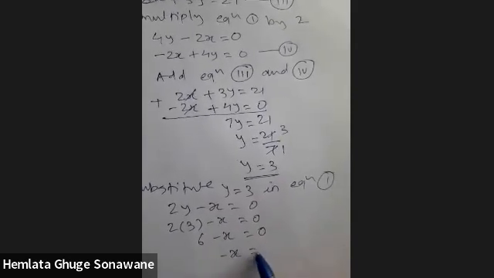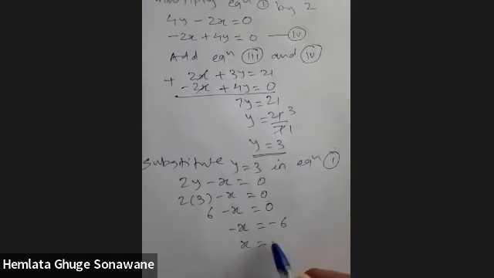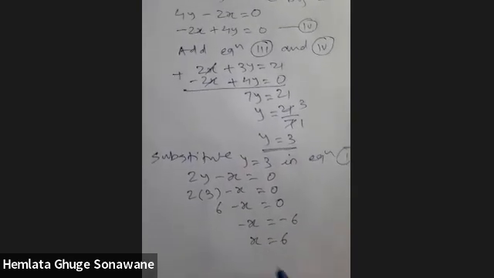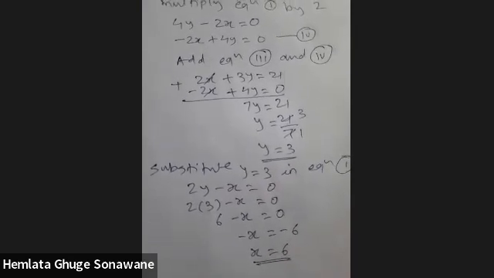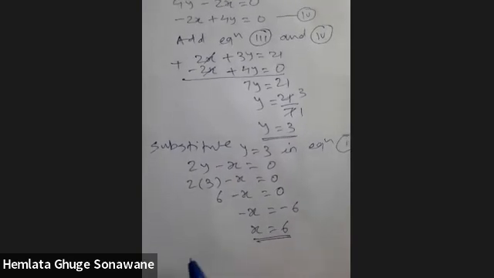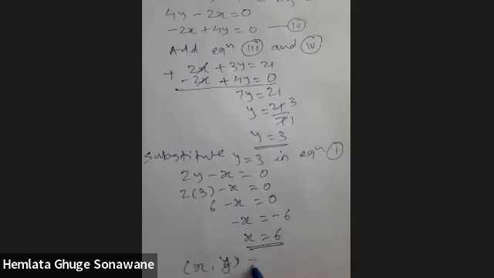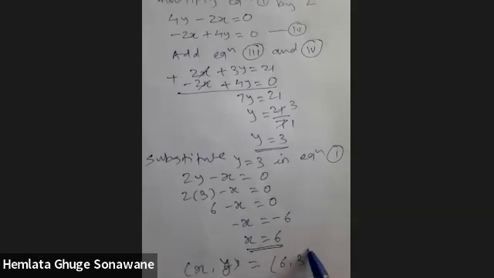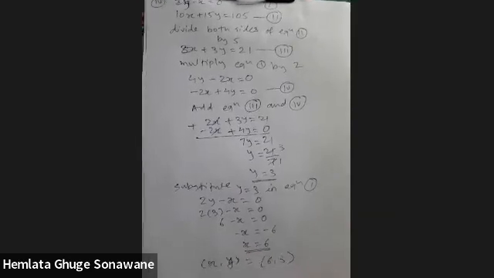So minus x is equal to minus 6. We'll write x is equal to 6. So we have got the value of x as 6. This is the solution of the given equation. That is the value of x and value of y as 6 and 3. Just go through the solution.